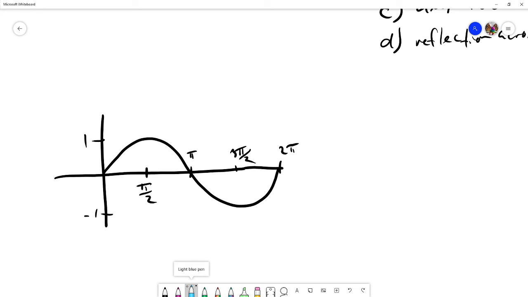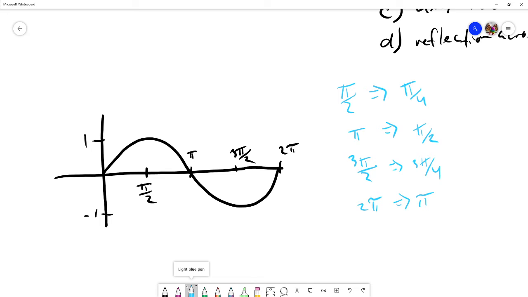So each of these original values, the pi over 2, the pi, the 3 pi over 2, and the 2 pi, since the period changes, since b is equal to 2, we're effectively taking each of these values and dividing by 2. So our transformation means that when we hit pi over 4, it's going to behave like pi over 2. When we hit pi over 2, that means it's going to behave like pi. 3 pi over 4 is going to behave like 3 pi over 2, and pi.